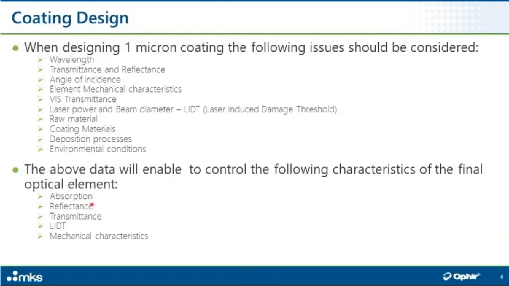If you want to achieve the minimum absorption, you will have to compromise on reflection, and vice versa. If you want minimum reflection, you will have to compromise on absorption. Transmission is the opposite of reflection. If the reflection is minimum, transmission is maximum.